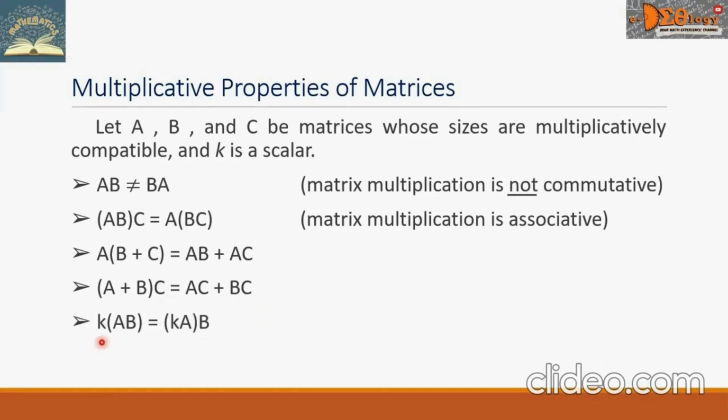Property 5, the scalar K multiplied by the product AB is equal to the product KA multiplied by B, and this is also equal to the matrix A times the product KB. These are the properties of multiplication of matrices.